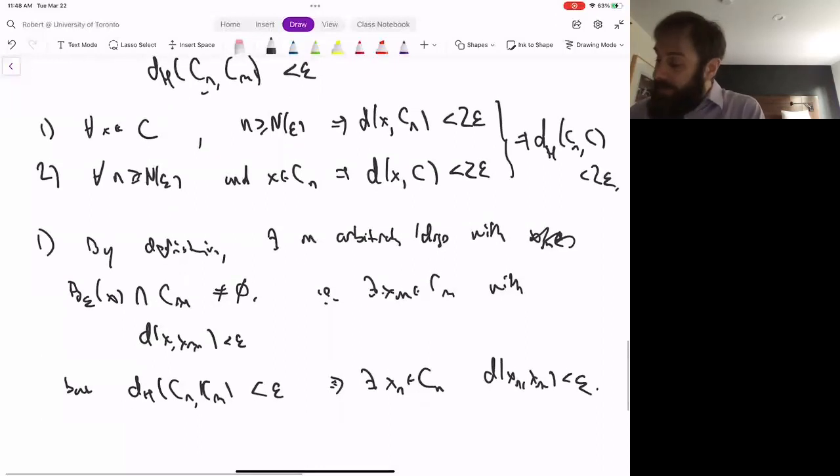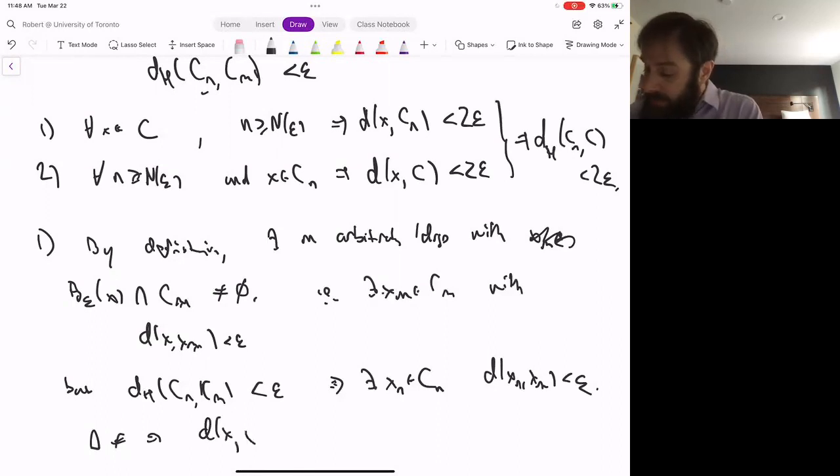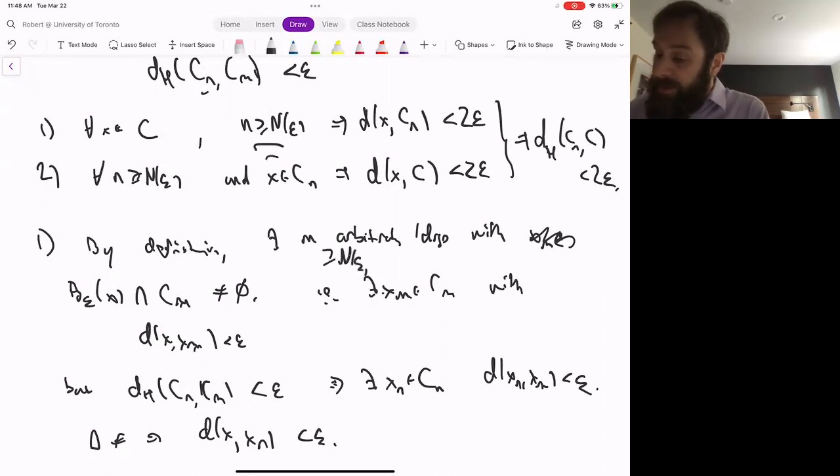And then I add these, so by the triangle inequality, I get the distance of x to x_n is less than 2 epsilon. In particular, m is bigger than the same quantity, n is larger than N. So one is fairly straightforward, and two is the direction that requires this kind of clever argument.